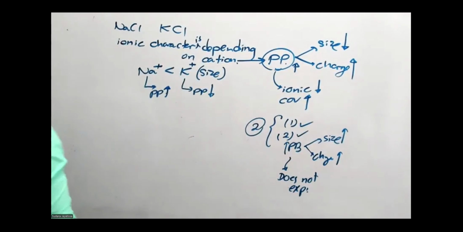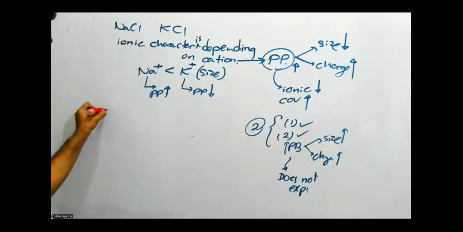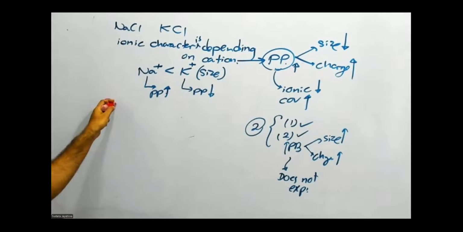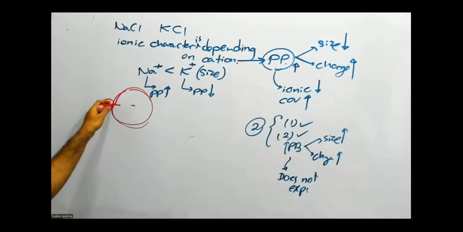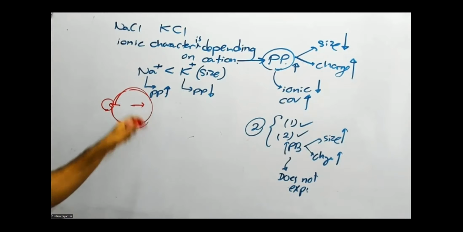It's a good one. Let me explain further why sodium chloride has low ionic character. The sodium ion is smaller relative to potassium, so it can easily attract the electron cloud of the anion toward itself and repel the nucleus away.